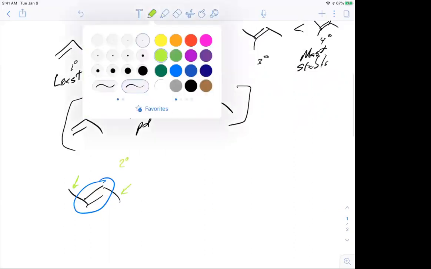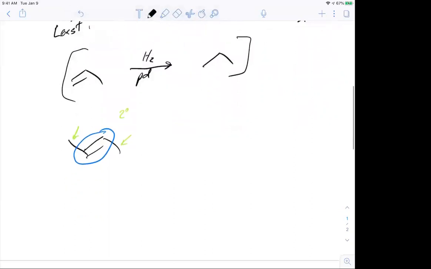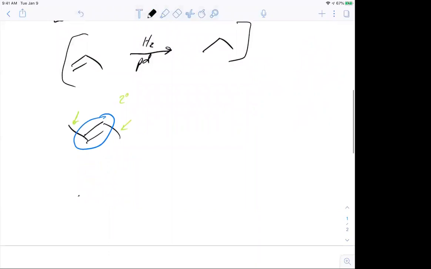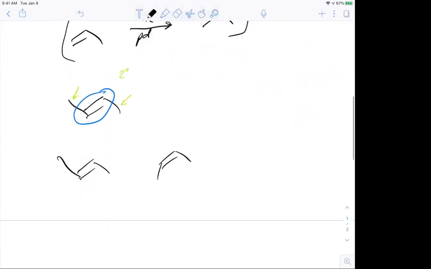The other aspect of alkene stability has to do with spatial arrangements. In that case, we have the trans and we have the cis. If we think about the trans, you've got your methyl groups on opposite sides.